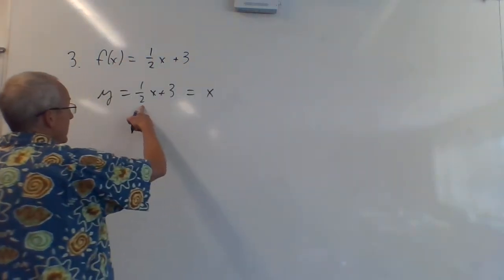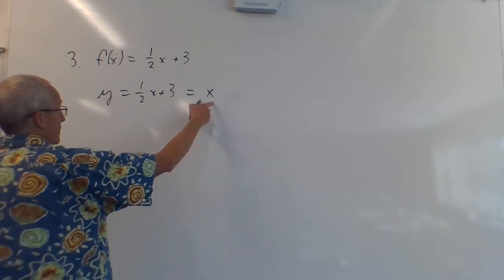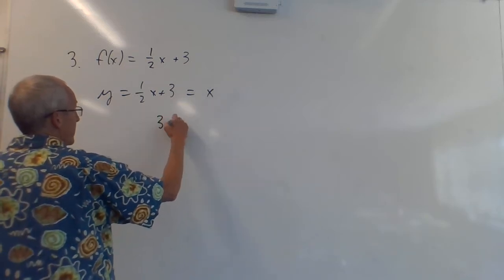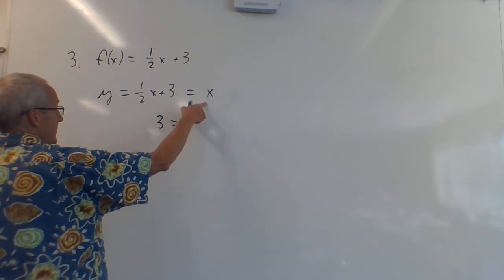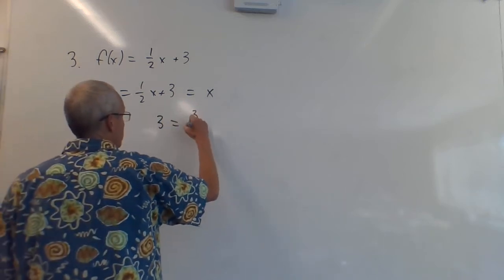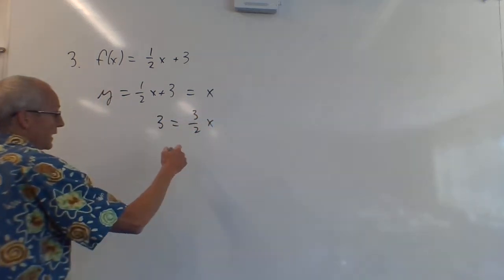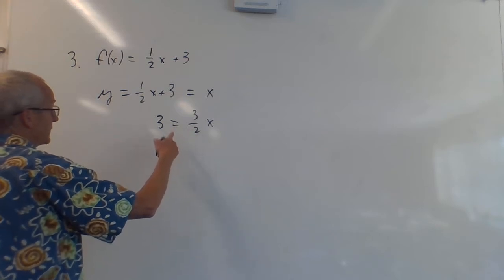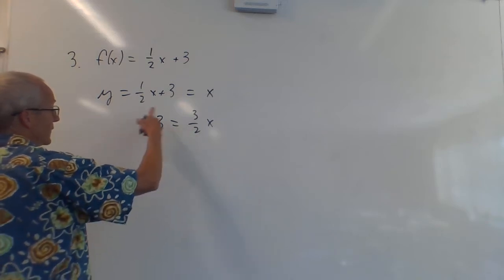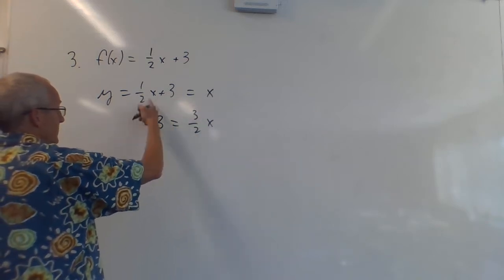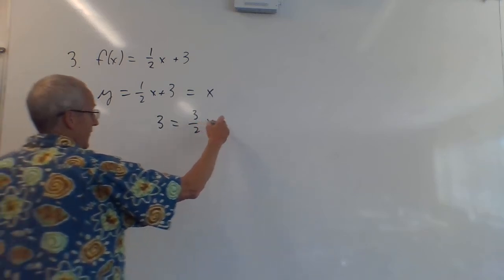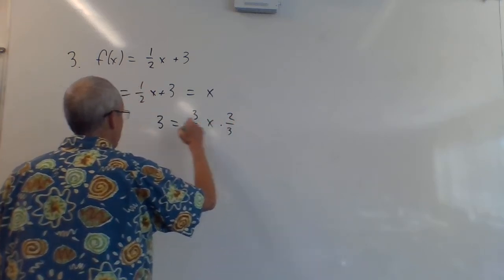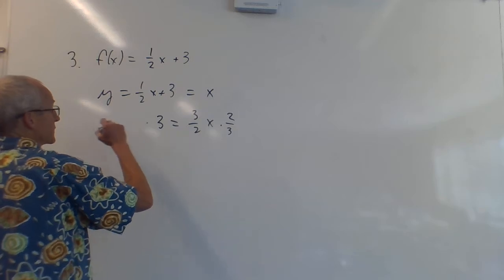So let's put the 1/2 x over here. So we have 3 equals x plus 1/2 x, which is 3/2 x. Did I do that right?